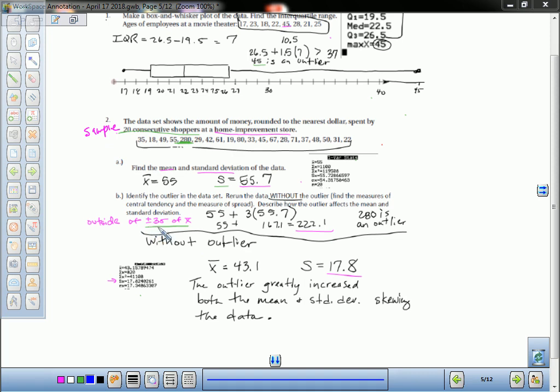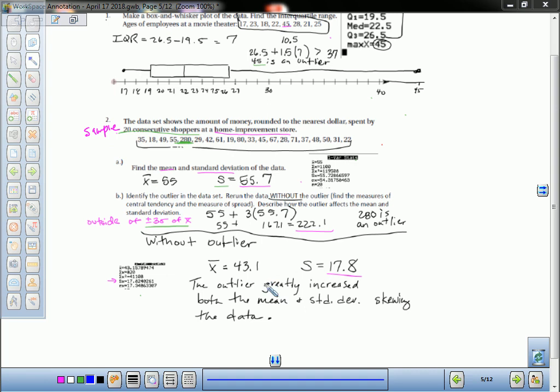All right, now this one. If we go back to this data and throw out the outlier, now we've got to where we can look at the mean and the standard deviation. The outlier greatly increased our mean.